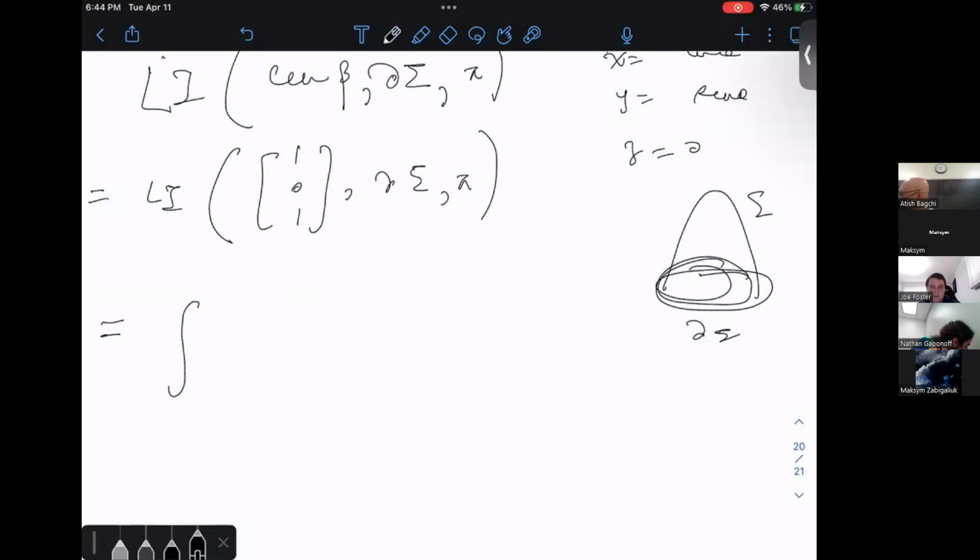So we are going from 0 to 2 pi, of course.